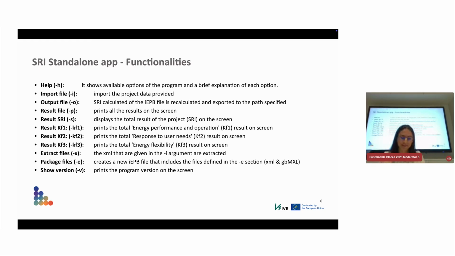This is another presentation. And you can also package the files, because when you extract the files, you can change the data, and then you can package the file to IPB to recalculate, for example. We will see. And also you can show the version.